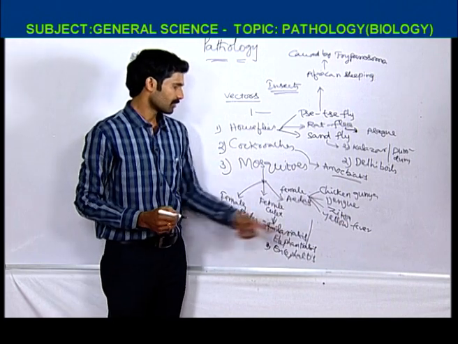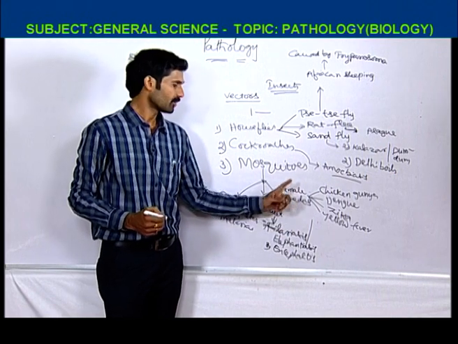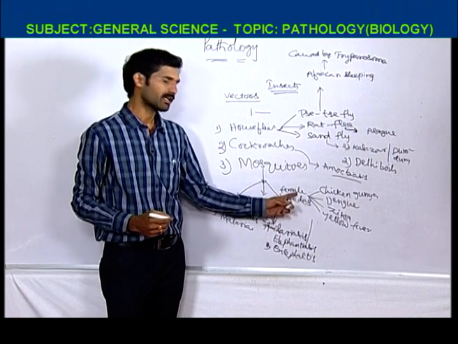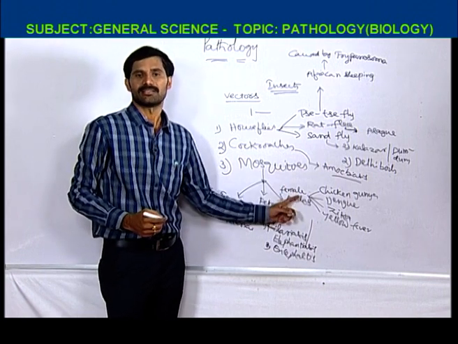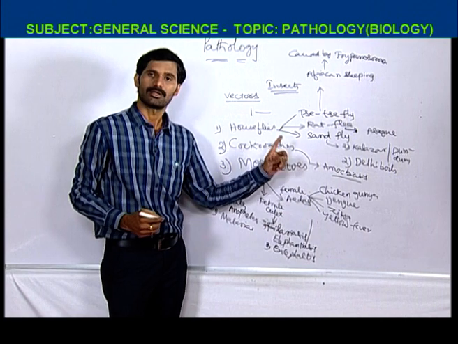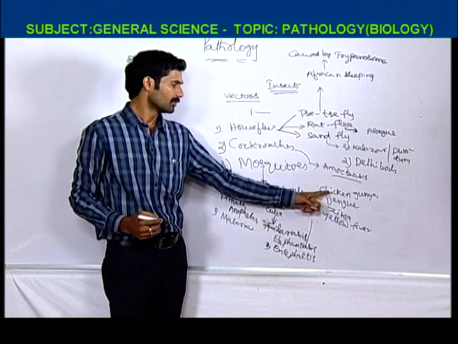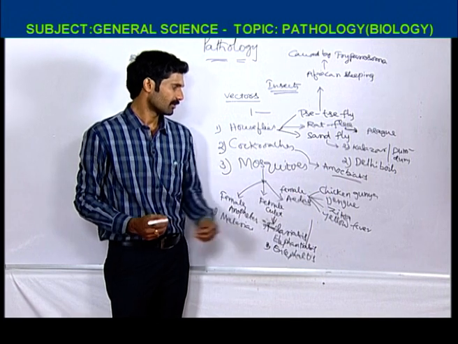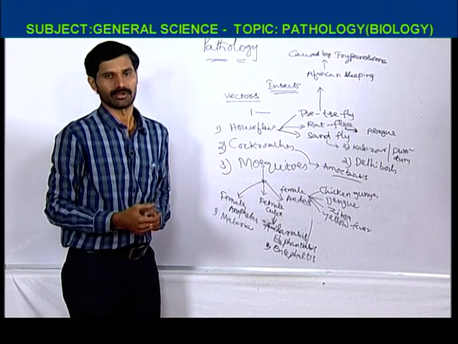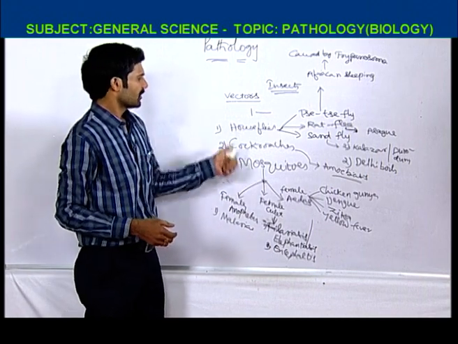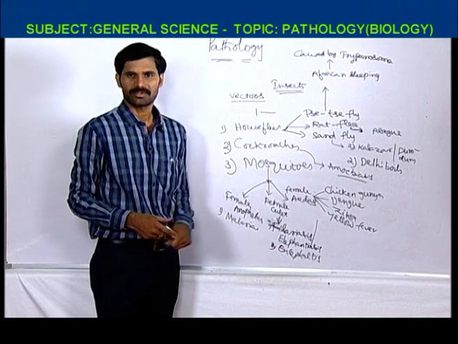These diseases are spread by the female Aedes mosquito. One important characteristic feature of the female Aedes mosquito is that it bites during daytime only, and it spreads chikungunya, dengue, Zika, and yellow fever. These are different types of vectors, and they spread different types of diseases.